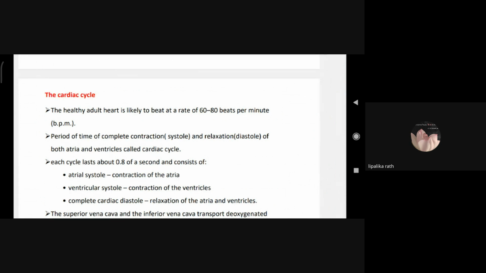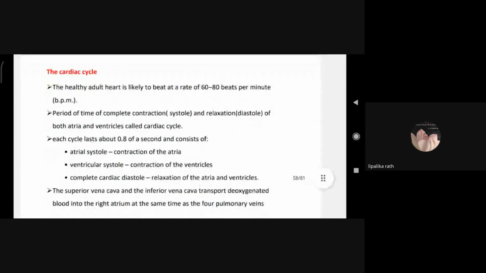Okay. If we are beating 60 to 80 times per minute, meaning in a minute we are beating 60 to 80 times, then you can calculate that within 0.8 second atrial systole, meaning atrial contraction, ventricular systole, ventricular contraction, and whole heart relaxation are occurring.